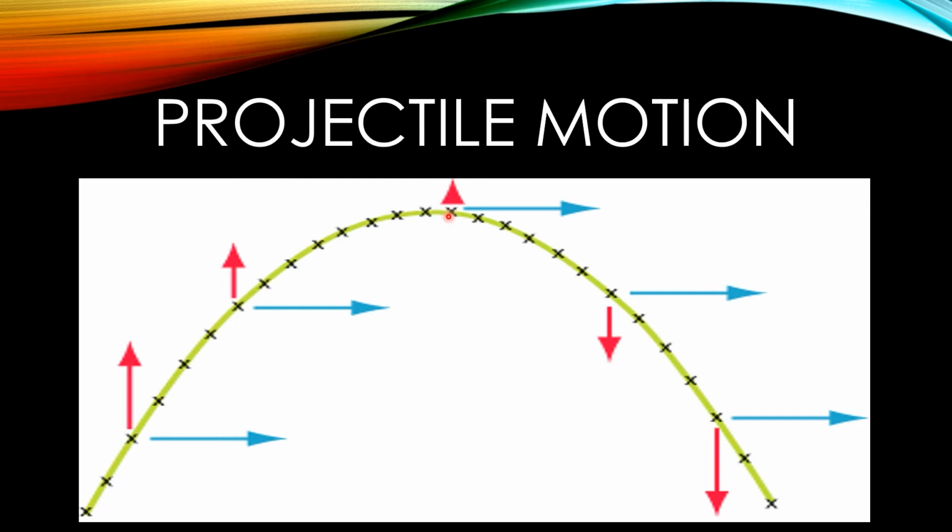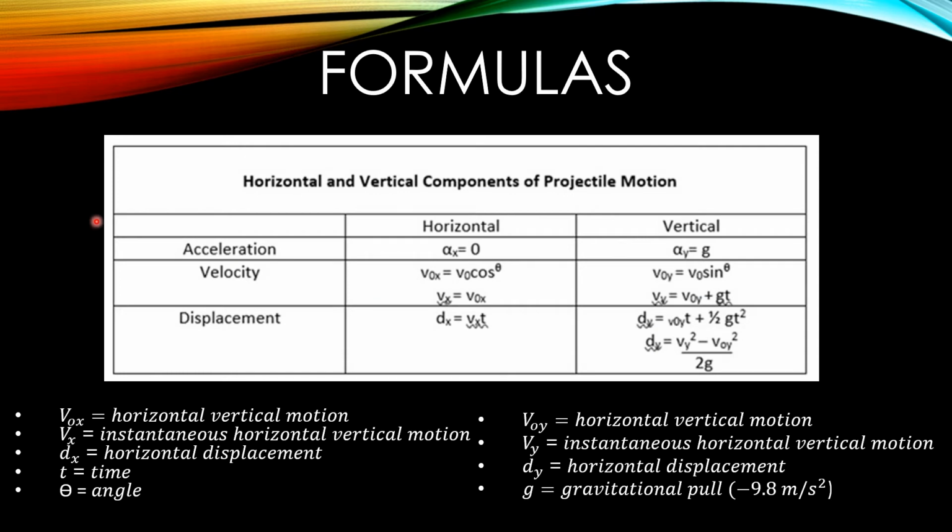Now, when the object starts to drop after it reaches the maximum height, the vertical velocity will then increase. One of the major factors which affect the vertical velocity of the object is the gravitational pull. Our gravitational pull is constant, which is negative 9.8 meters per second squared. The negative sign indicates that gravity is pulling the object downward.